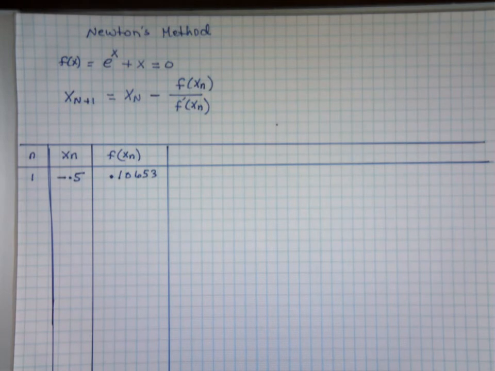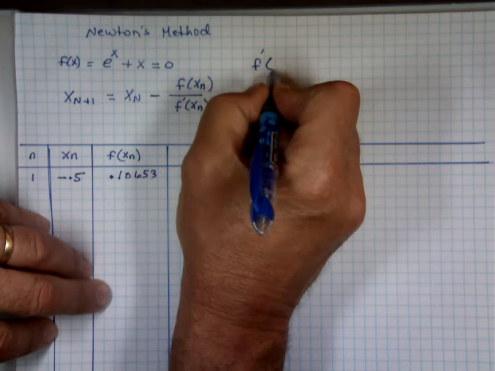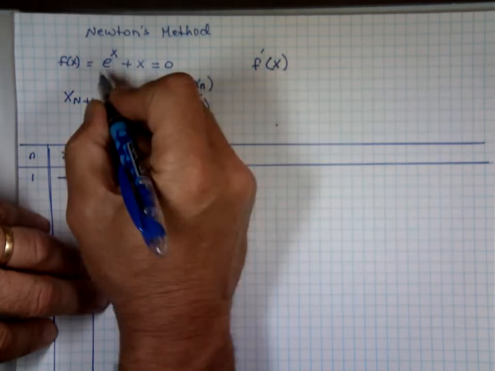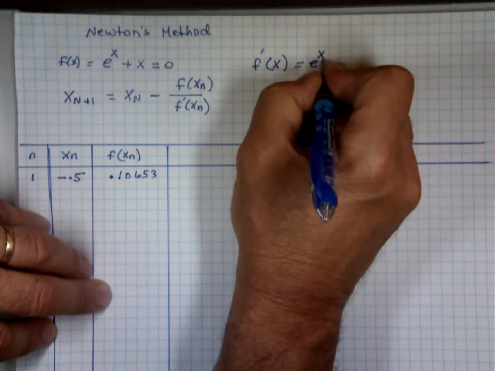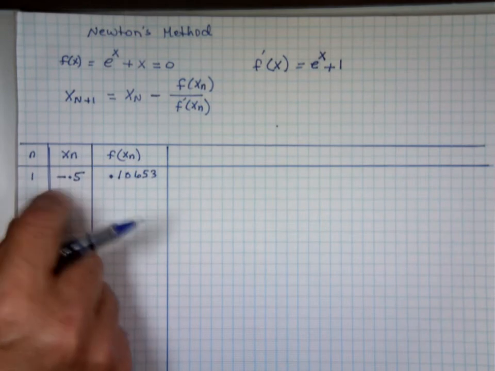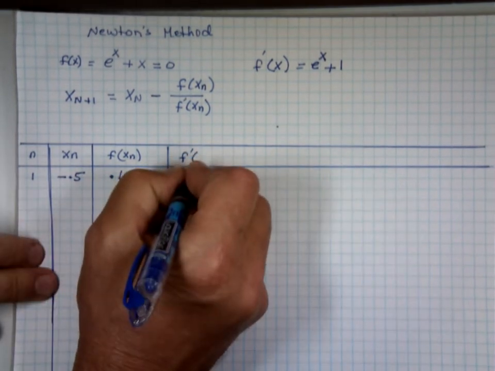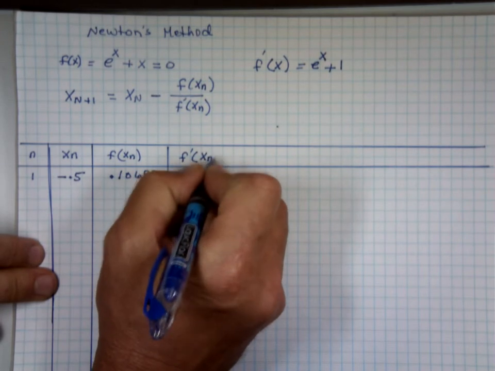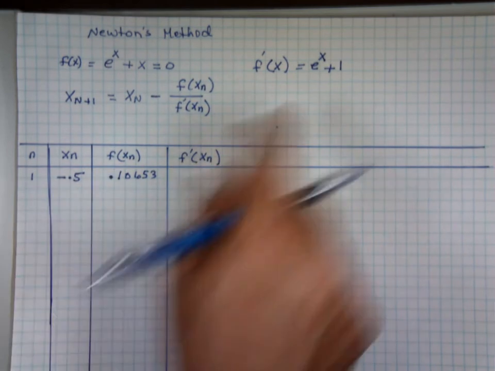That means I got to find the derivative now. What's the derivative of e to the x plus x? E to the x plus, what's the derivative of x? 1. When x equals negative 0.5, what's the derivative at that point? So let's take that point, negative 0.5, plug it in here.